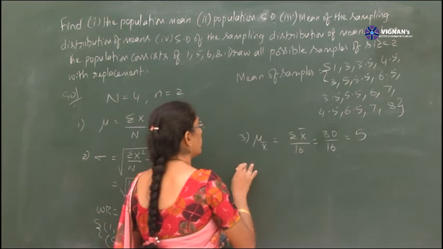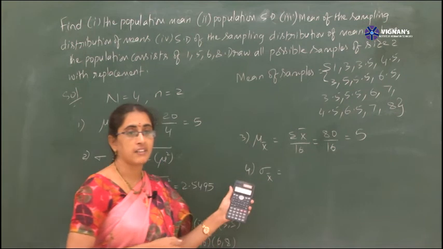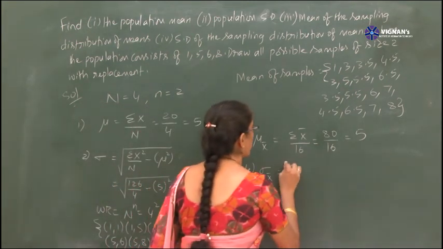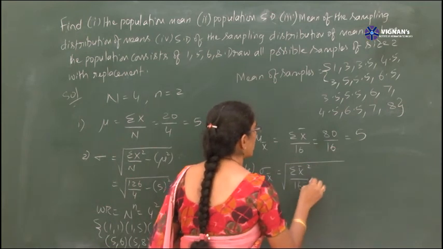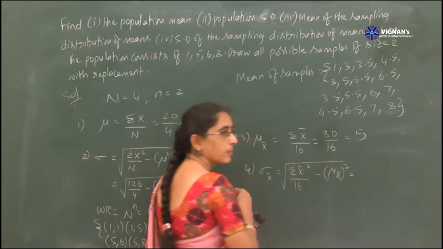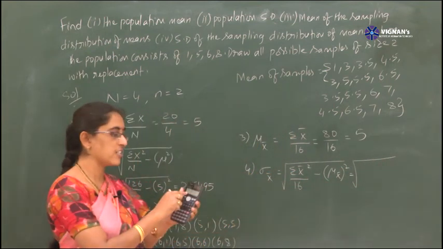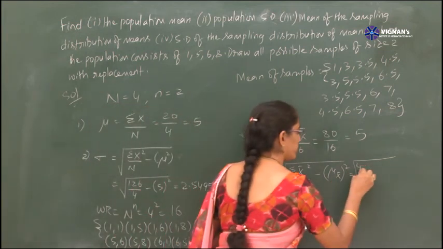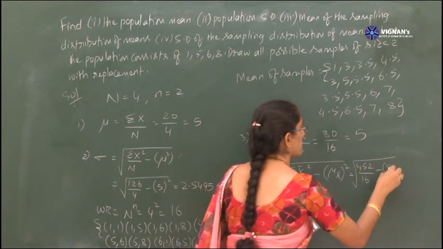Then the fourth one we have to find is sigma x bar, the standard deviation of the sampling distribution of means. It is the square root of summation x bar square by 16 minus mu x bar square. So square root of, shift 1, first option, summation x bar square, 452, by 16 minus 5 square.